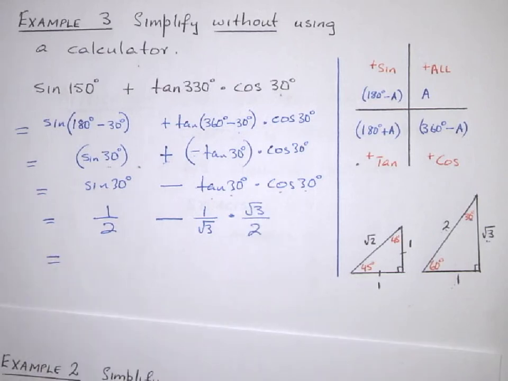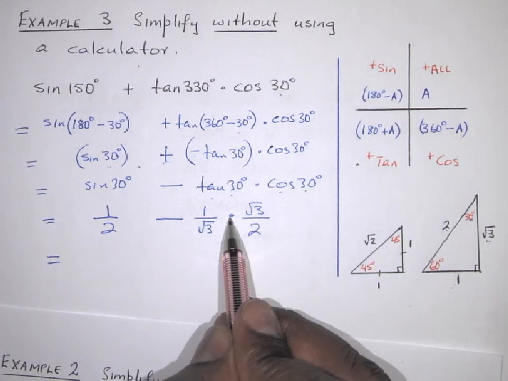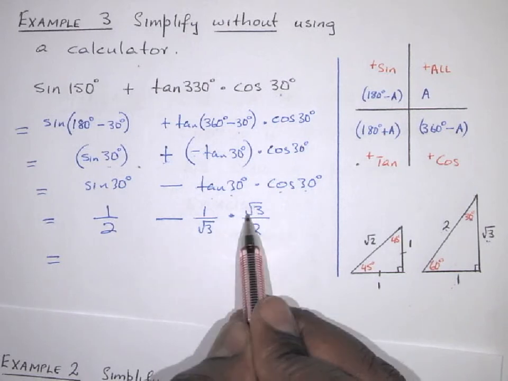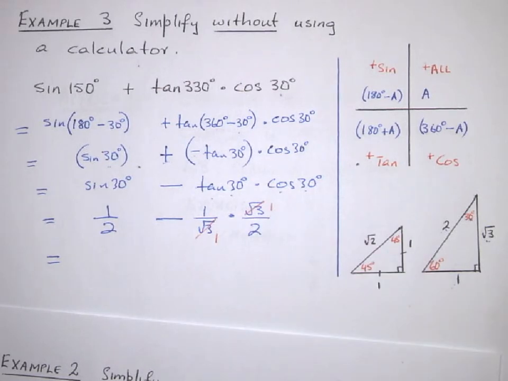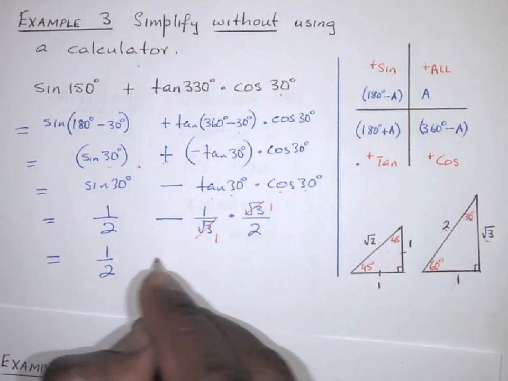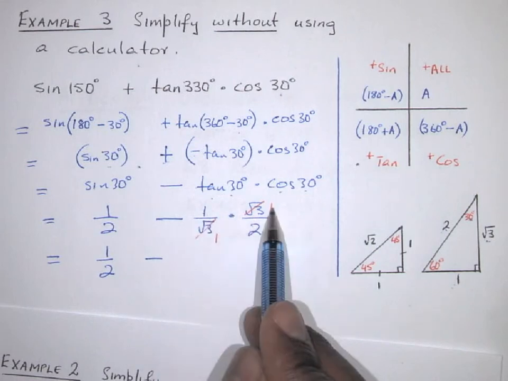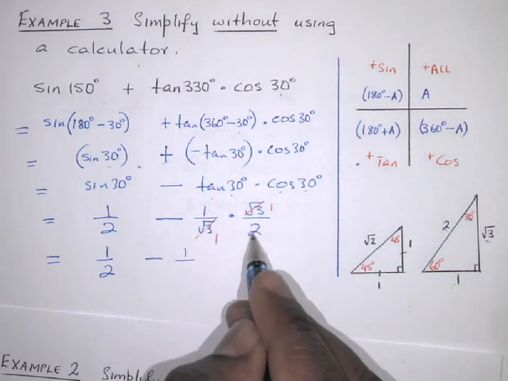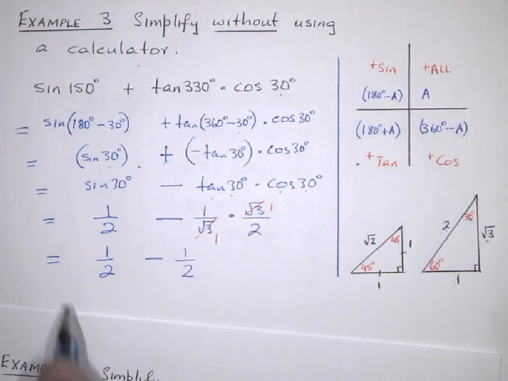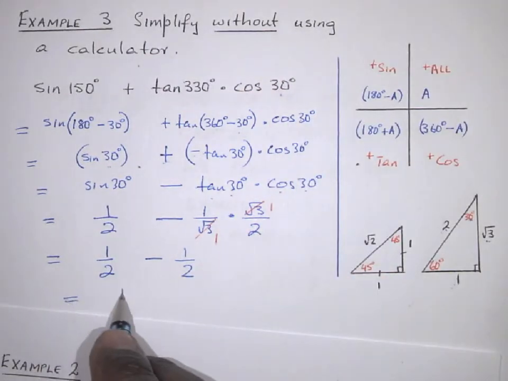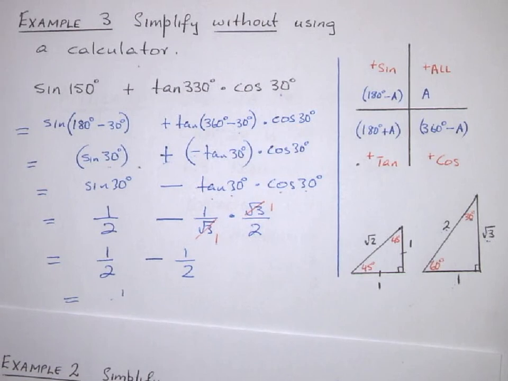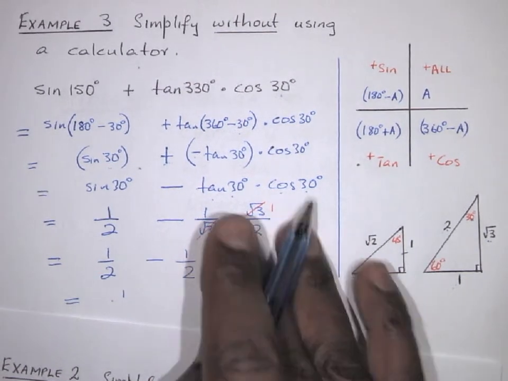Now you can see that the square root of 3 will cancel with the other square root of 3. So this goes once there and that goes once there. So my answer is 1 over 2 minus 1 times 1 over 1 times 2. So my final answer is what? 1 over 2 minus 1 over 2, which is 0.